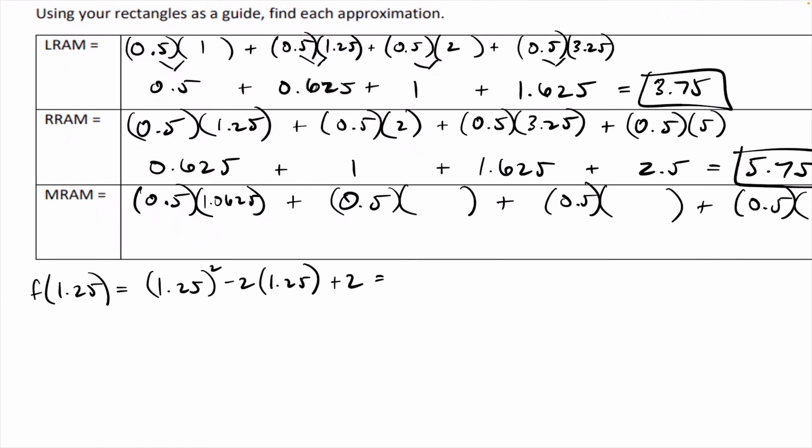So when I square 1.25 and then double it and subtract it, you get 1.0625, and that's how I got the height. So to figure out the next height, what number would I plug in to the function?